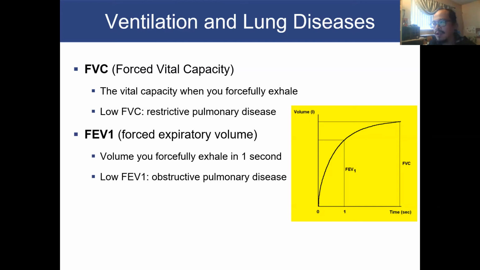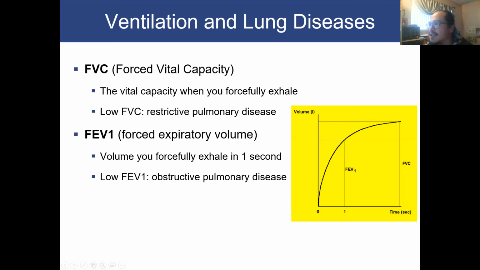One is called the restrictive pulmonary disease, that is, the lung is restrained and the lung capacity is limited. The other is the obstructive, that is the airway. If the airway, trachea, or bronchi is narrowing, then in the first second you will not be able to breathe out the amount of air like normal people.